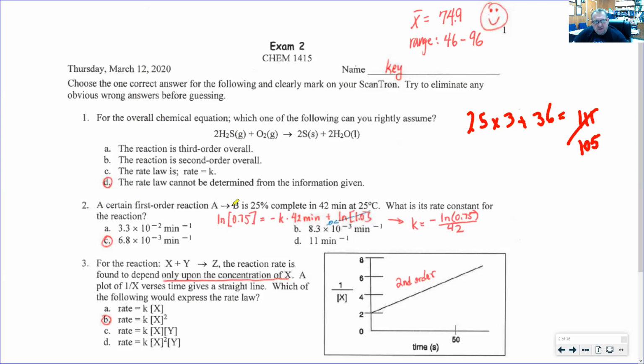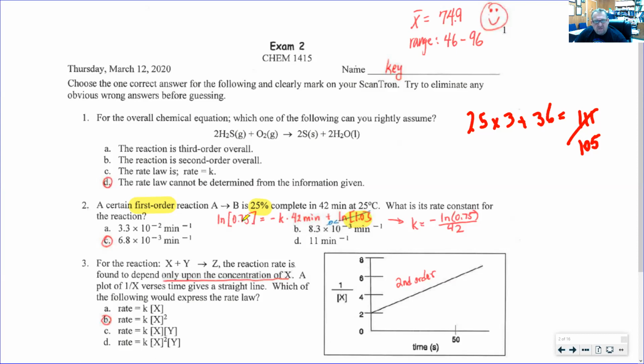The second one, we had a first order reaction, and we knew that it went to 25% completion. So that means that 75% was left. Since it was first order, we had to use the integrated rate law for first order. I said the initial concentration was 1 molar, so I took the natural log of 1, and that's 0. So you just had to put in the concentration that would have been at 42 minutes.